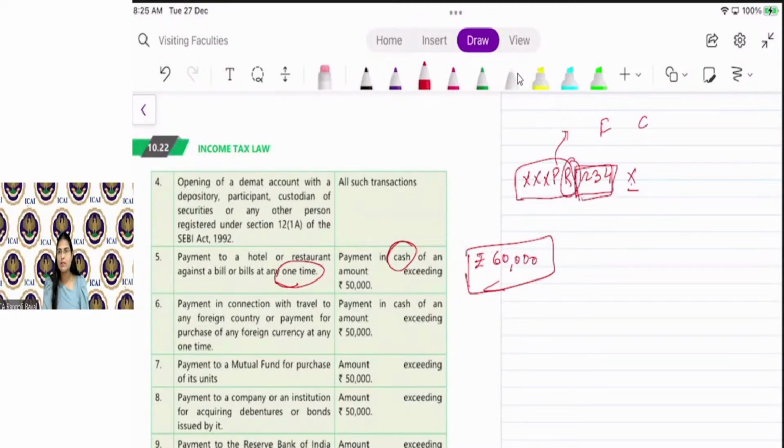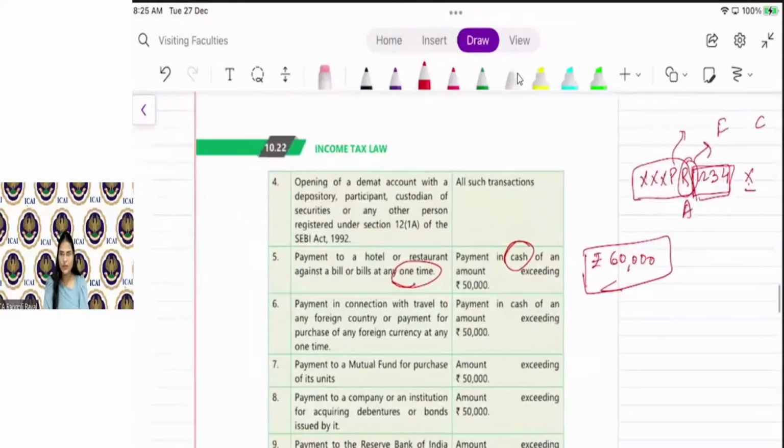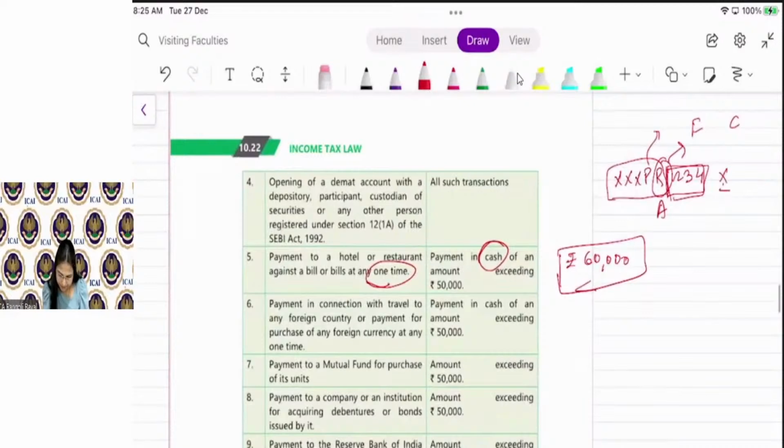Say for example, my name is Rangoli, so the fifth character is R. If some company's name is XY ABC Limited, then the fifth character is A. Okay, clear, Vedant?